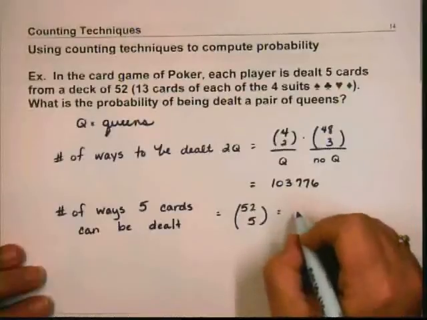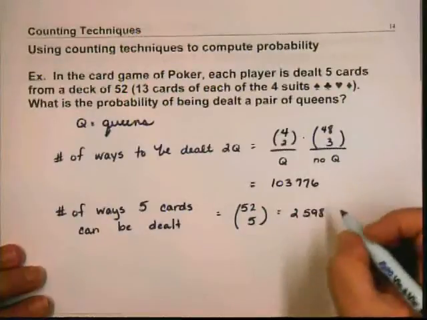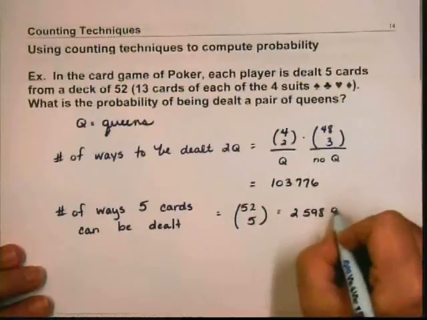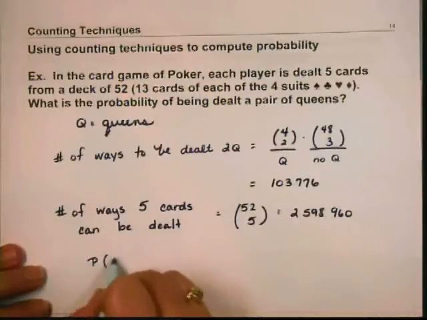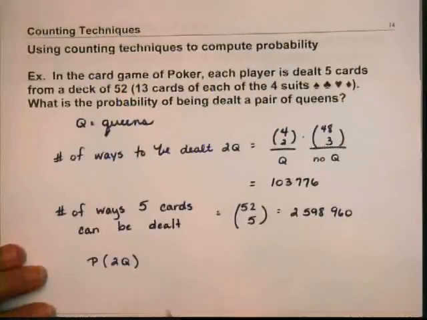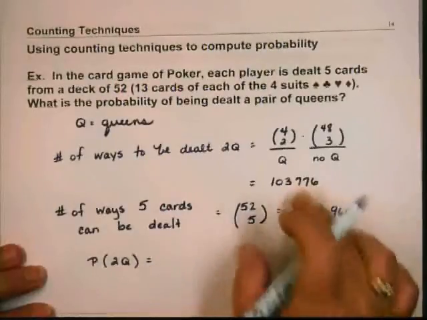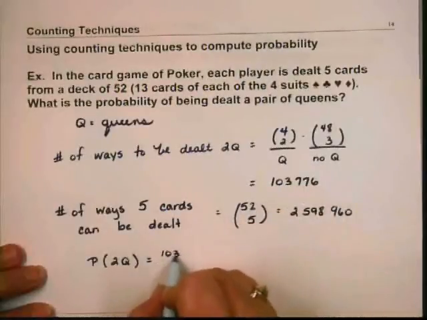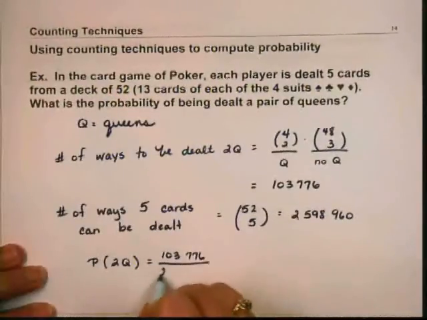I have 2,598,960. Do you agree? So what's the probability of 2 queens? The 103,776 in the numerator, divided by the total number of possible ways you could receive 5 cards.